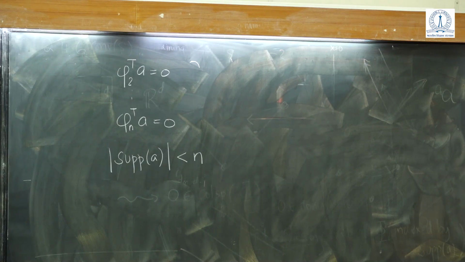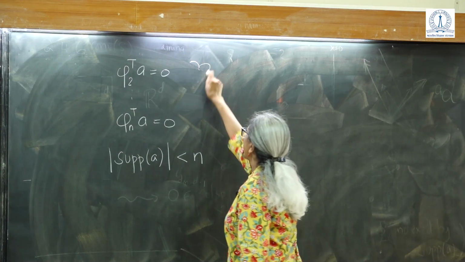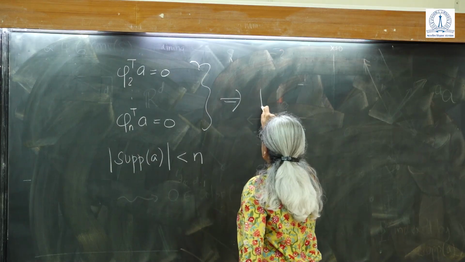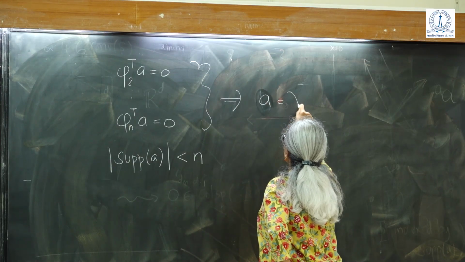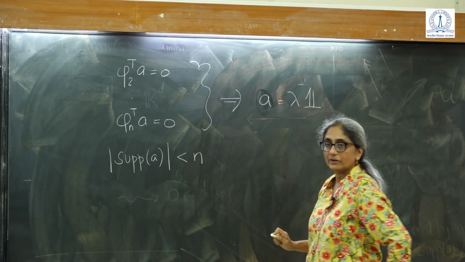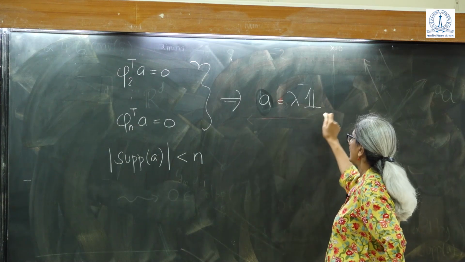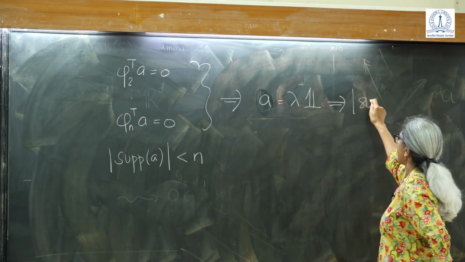So suppose this happens. What should A be if it can do this? Exactly. If A can do this, that means it's orthogonal to phi2, phi3 all the way to phi n, right? What's the thing that can be orthogonal to all of them? It has to be a multiple of 1. So A must be a multiple of the all ones. But this implies what? What's the size of its support?